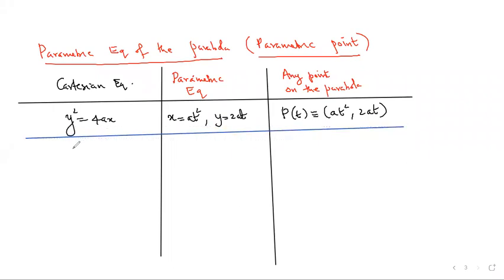Now write the next one, y square equal to minus 4x. So x should be negative, so it will become minus at square and y is 2at. P of t will be minus at square comma 2at.